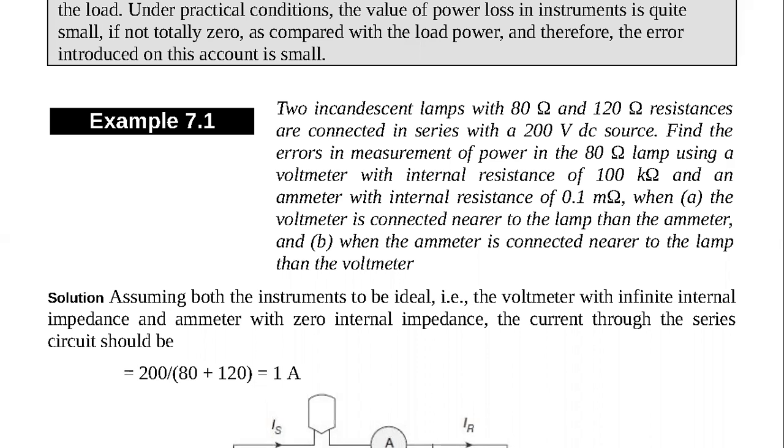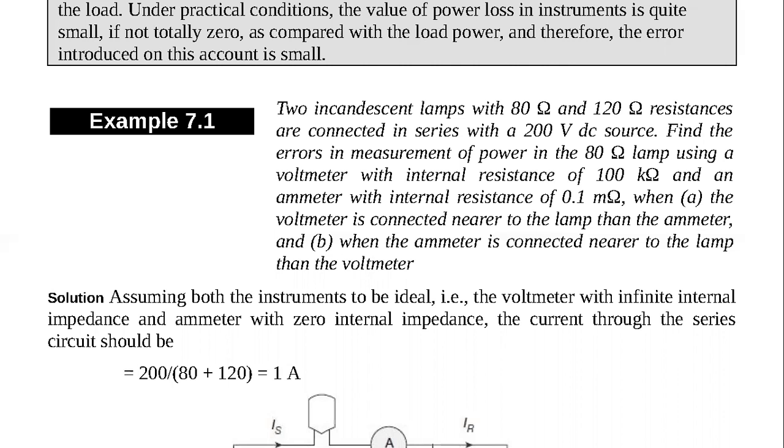So repeat the same example, but now the values of the lamp, you change them from 80 to 50, and 120 you change it to 70. So that the question will read two incandescent lamps with 50 and 70 resistances.